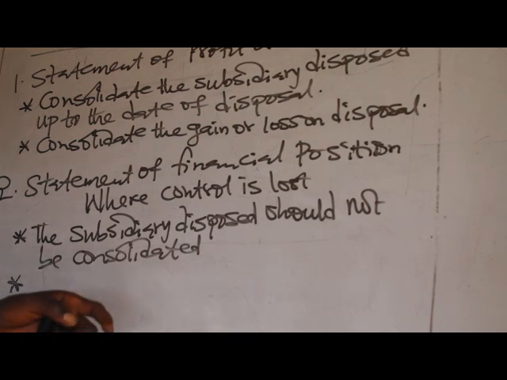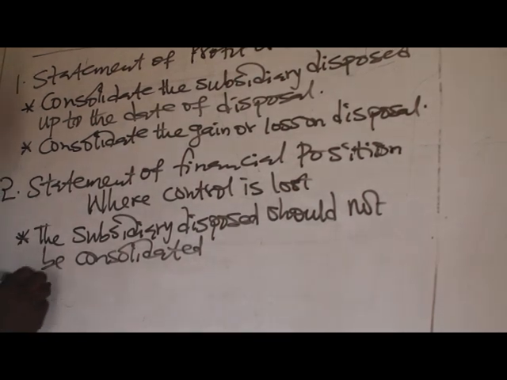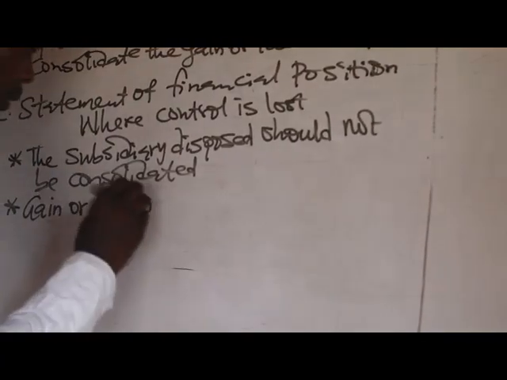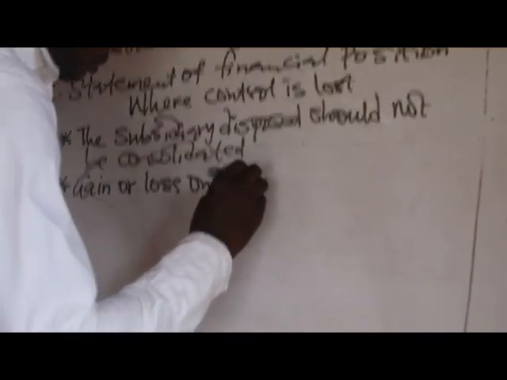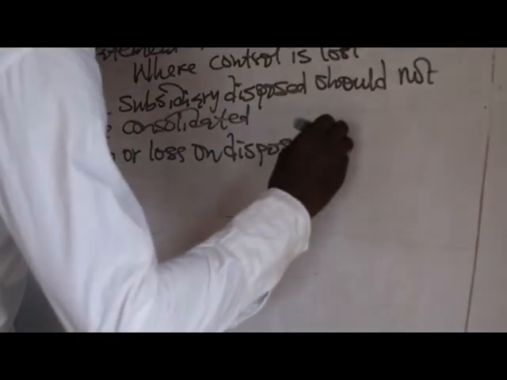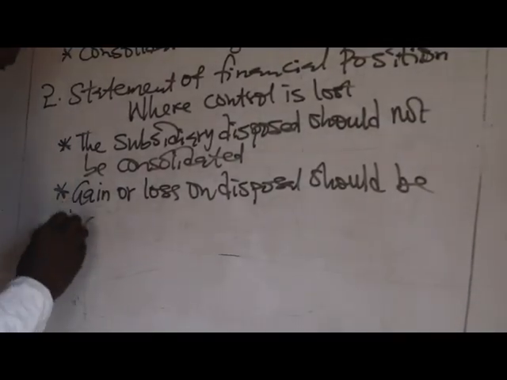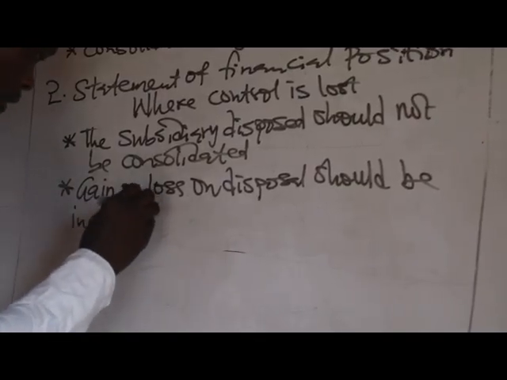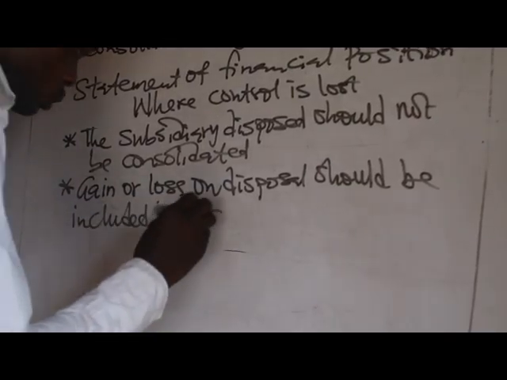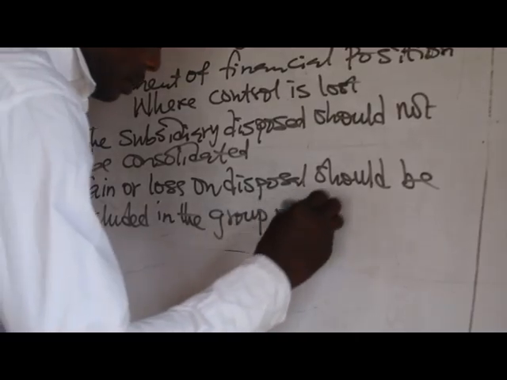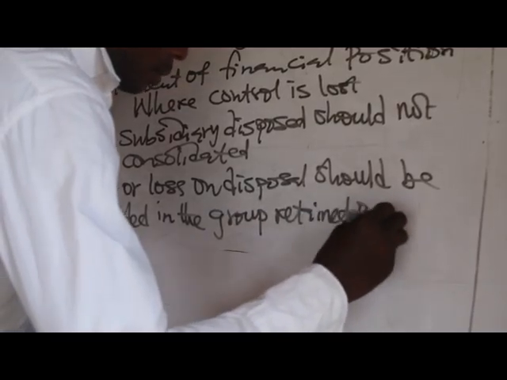Number two, gain or loss on disposal should be included in the group retained earnings.